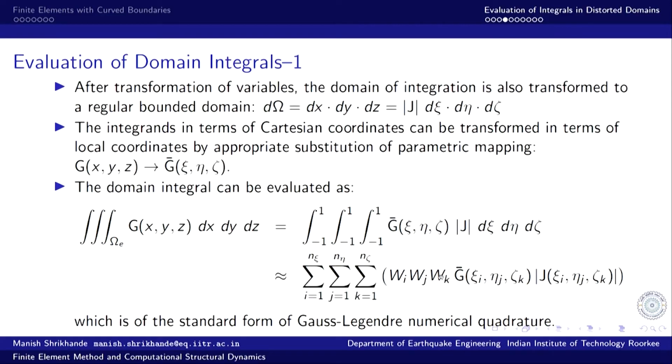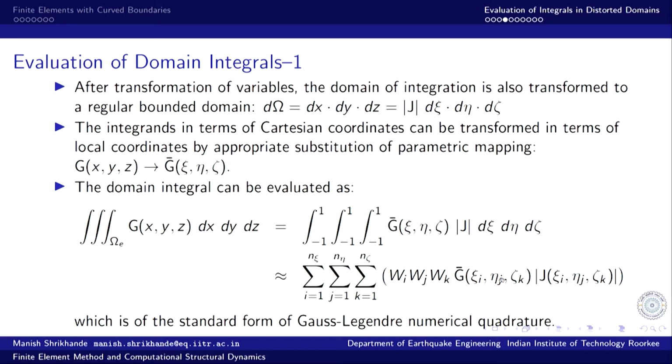If I evaluate it at xi_i, there is an associated weight w_i. If I evaluate it at eta_j, there is a corresponding weight w_j, and if I evaluate it at zeta_k, then there is a weight w_k.